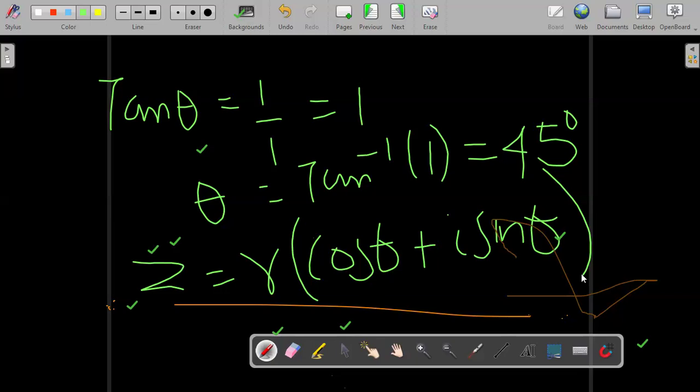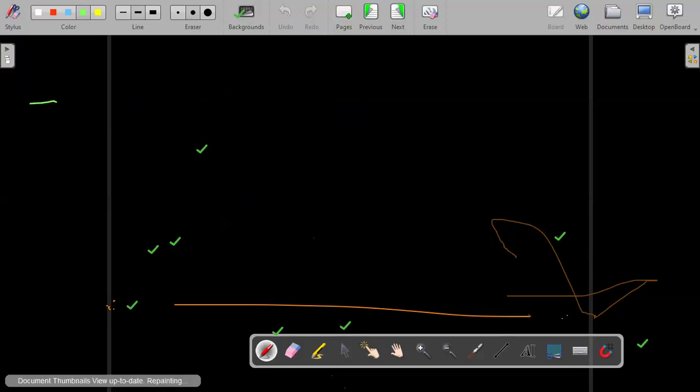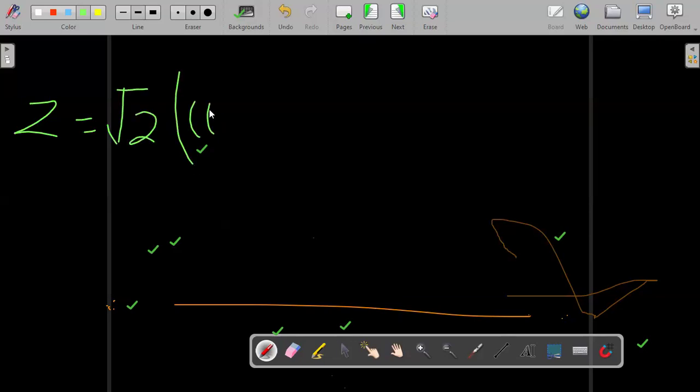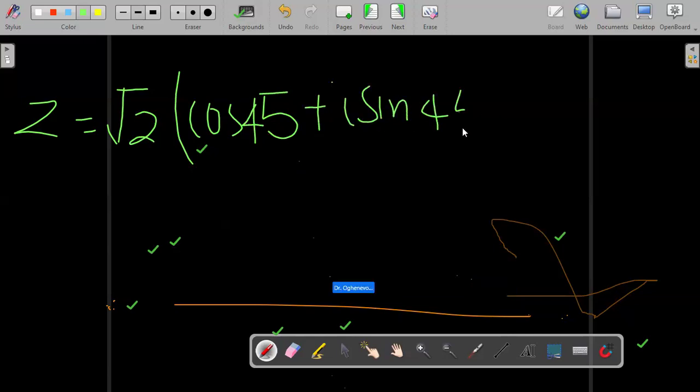My R is square root of 2 and my theta is 45. So my Z will give me root 2 into cos 45 plus I sine 45.